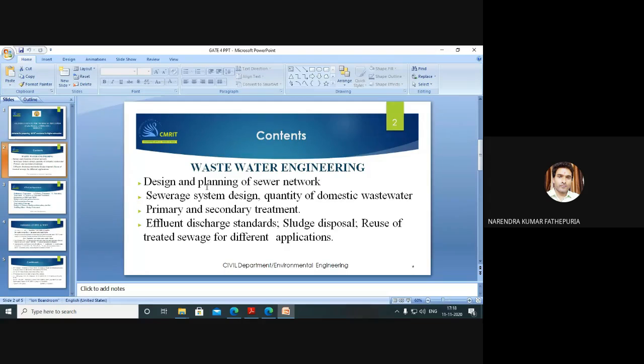So there we have explained in detail the designing and planning of the sewer network, material selection, the hydraulic parameters, the design factors, the iterations and various formulas required for designing, and how to go for the sewage flow rate and the dry weather flow and wet weather flow conditions, right? All those things we have studied, but here we will quickly go from the GATE point of view.